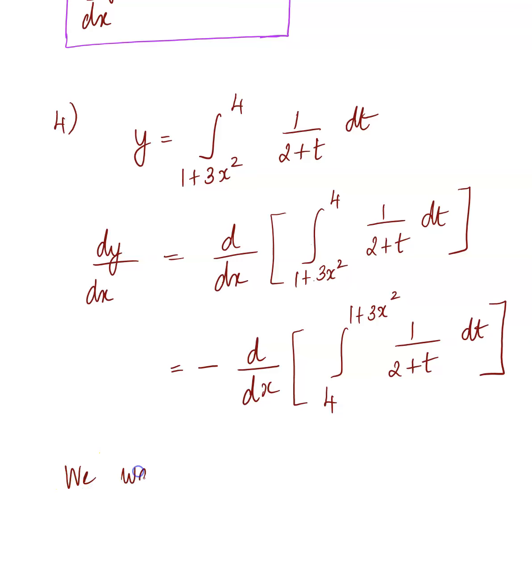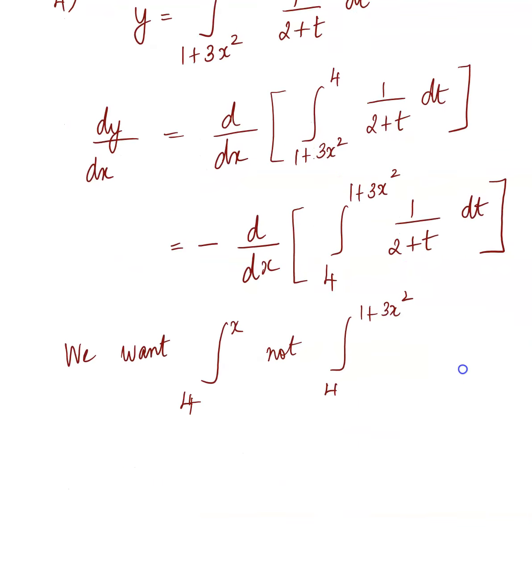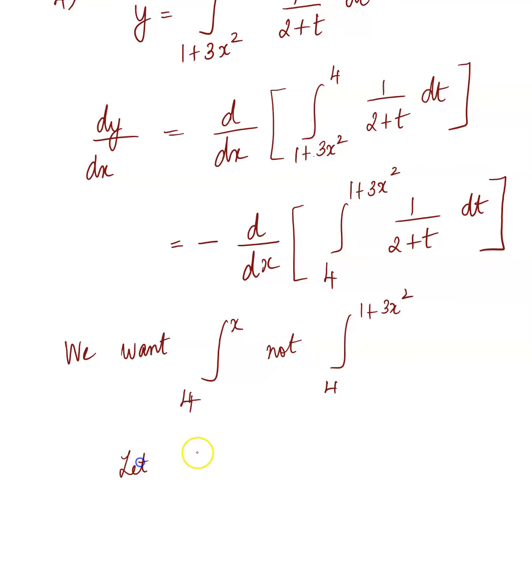Now we want integral 4 to x, a to x. So a here is 4, which is fine, but not integral 4 to 1 plus 3x squared. Because we do not want that, once again, we use the substitution. u equals 1 plus 3x squared.